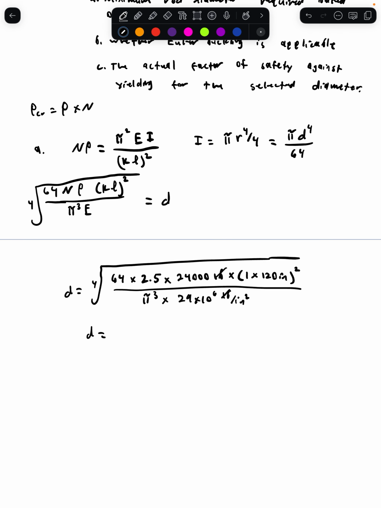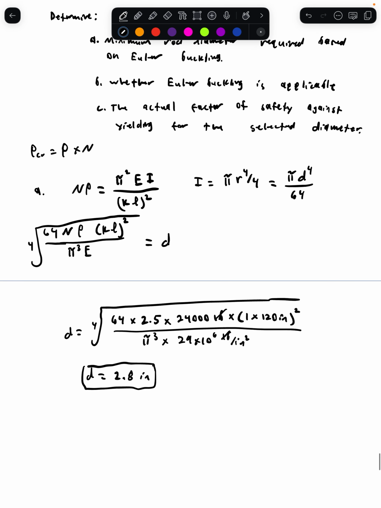And then when we take this root, we're going to have just inches. So this is going to give us a diameter of 2.8 inches.